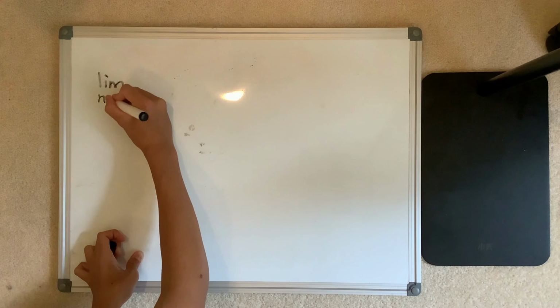So we're going to do the limit on both sides. So that means the limit from n to infinity of log of y equals the limit from n to infinity of n log 1 plus 1 over n.